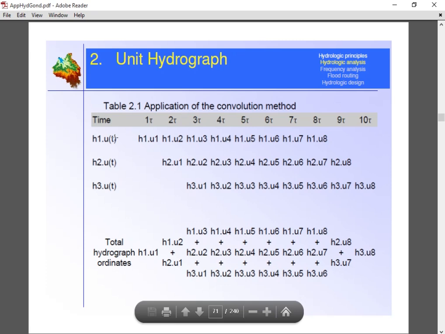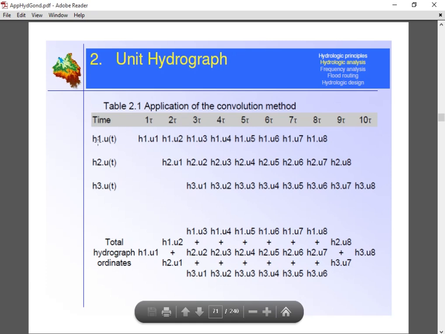For instance, we have time here, and we have the precipitation and unit hydrograph components. For the first time, we have a component of h1 times u1, and for the second time, h1 times u2, and so on.